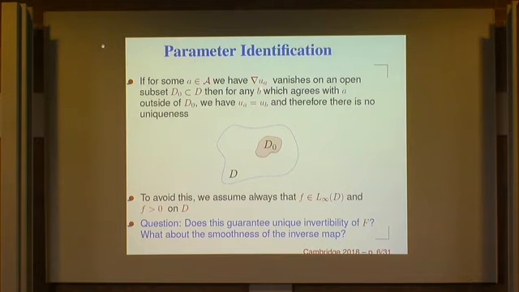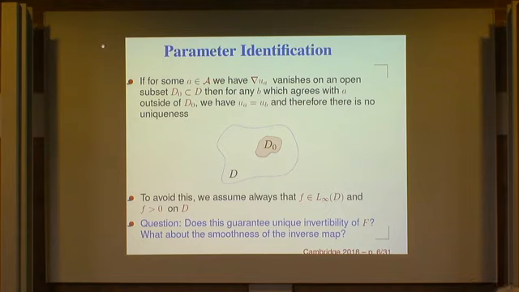If grad UA vanishes on D0, then you can change A anywhere on D0, and it won't change the solution, right? Because on D0, changing A to B, you'll still get 0 on D0, and if you don't change it outside D0, you will still get the same solution.